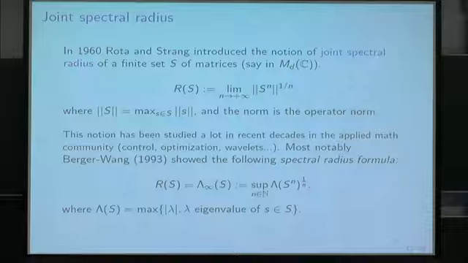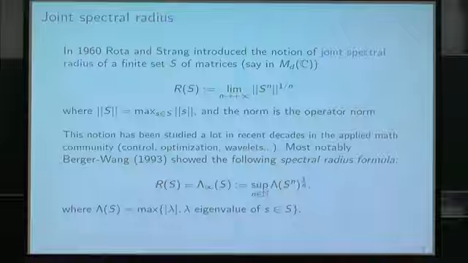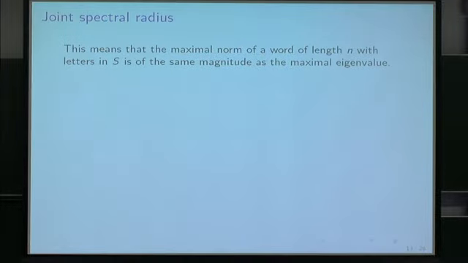This generalizes the classical Gelfand linear algebra formula that the maximal eigenvalue of a matrix is equal to the exponential growth rate of its powers. So it's a generalization to several matrices. This means that the maximal norm of a word of length n with letters in S is of the same magnitude as the maximal eigenvalue of a word of length n.